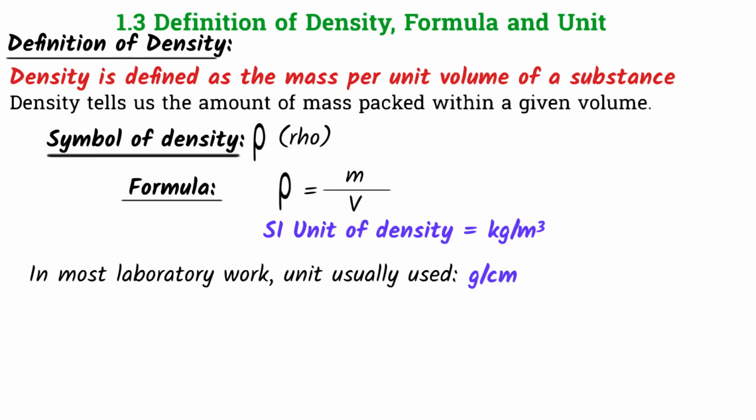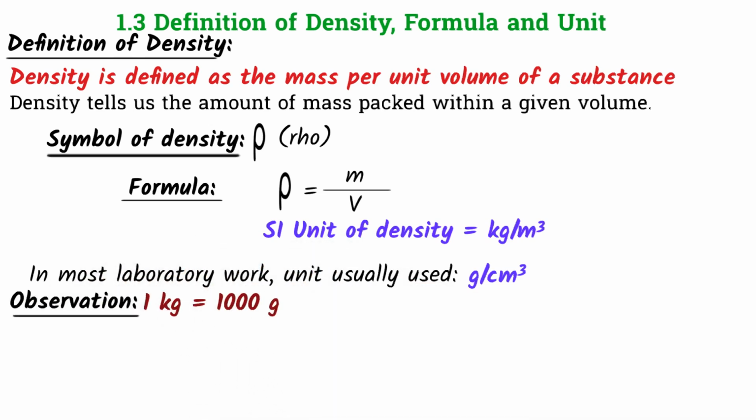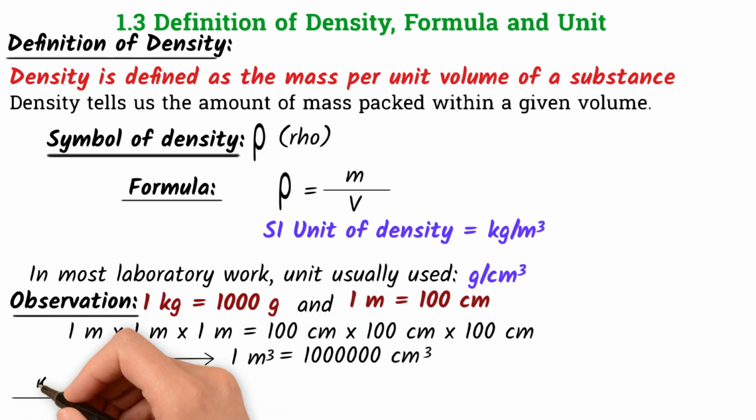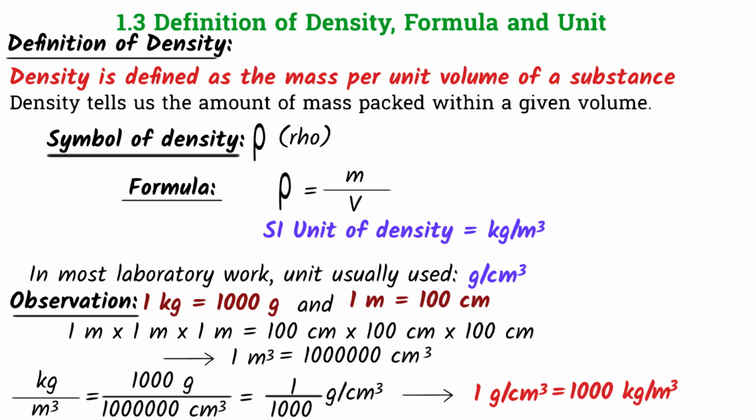But grams per centimeter cubed is related to kilograms per meter cubed. We observe that 1 kilogram is 1,000 grams and 1 meter is 100 centimeters. So if we do some little calculation as shown, we end up with 1 gram per centimeter cubed equals 1,000 kilograms per meter cubed, which gives us the relationship between the two units.